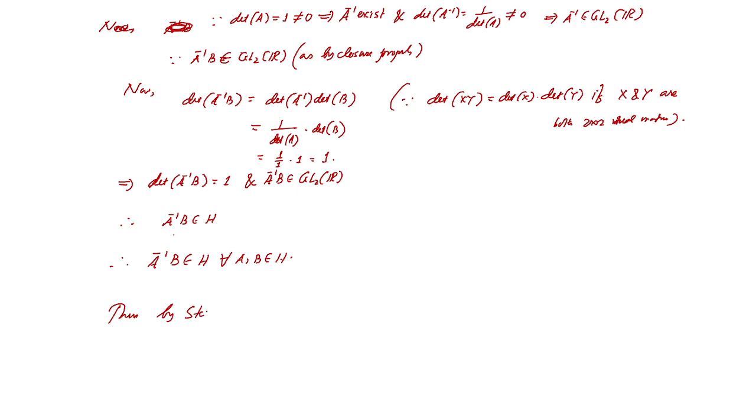Thus, by step 1 and step 2, we conclude that H is a subgroup of GL2(R). This H is basically the SL2 group, the special linear group.